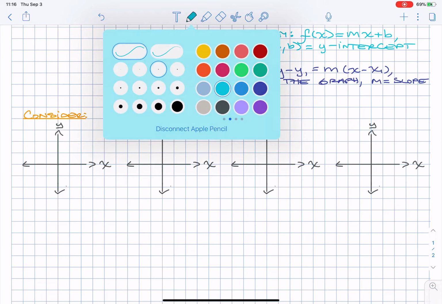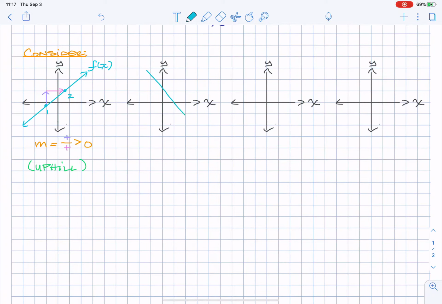So if I have the ratio of both positive, that's going to be greater than 0. So note it's going uphill in reading direction, to the right.